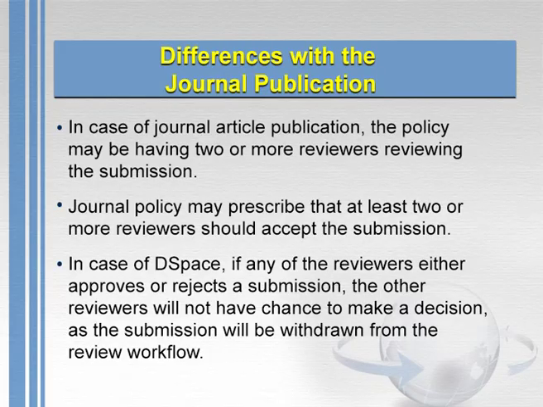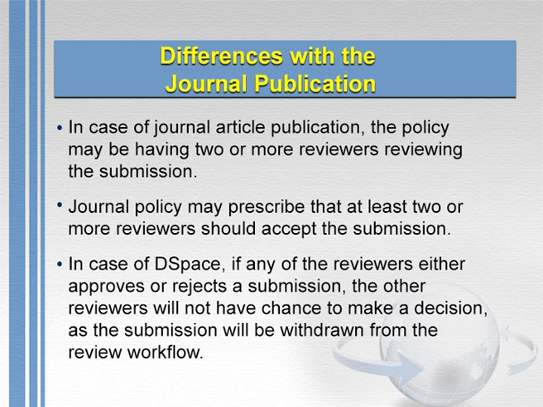Now, again I would like to emphasize the difference between a journal publication and the digital repository. In case of journal articles, the policy may be having 2 or more reviewers reviewing the submission, and the journal policy may prescribe that at least 2 or more reviewers should accept the submission.